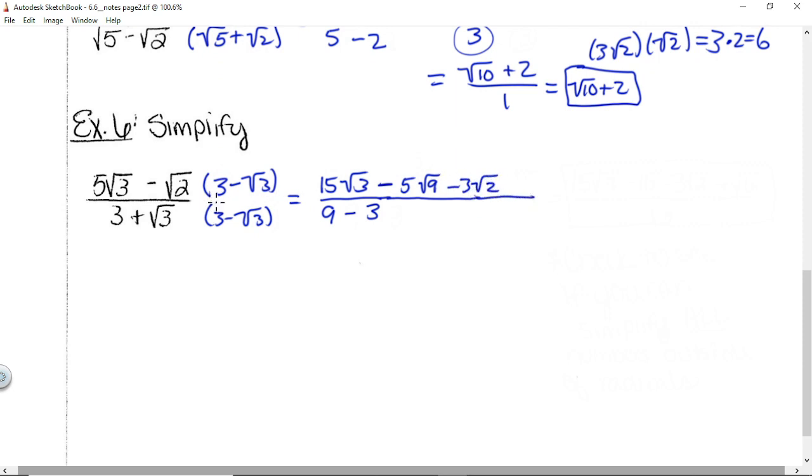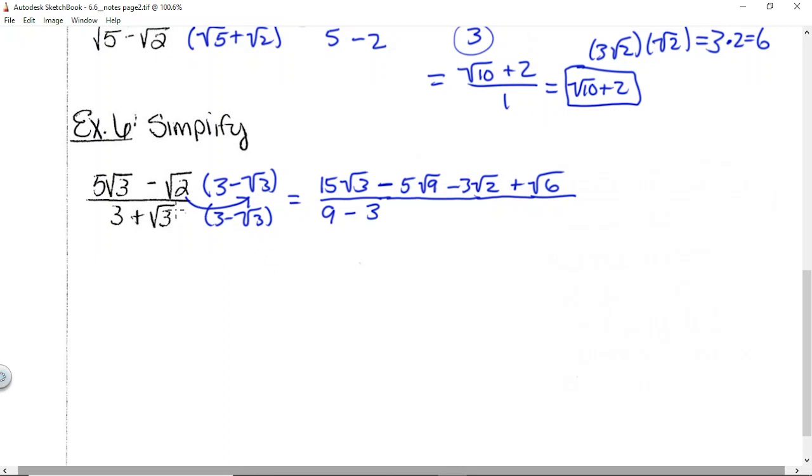And then we take this times this. Now they're both negative, right? So negative times a negative is positive, and they're both radicals, so we have to multiply those radicands together. 2 times 3 is 6, and it's inside the radical because 2 and 3 are both inside.